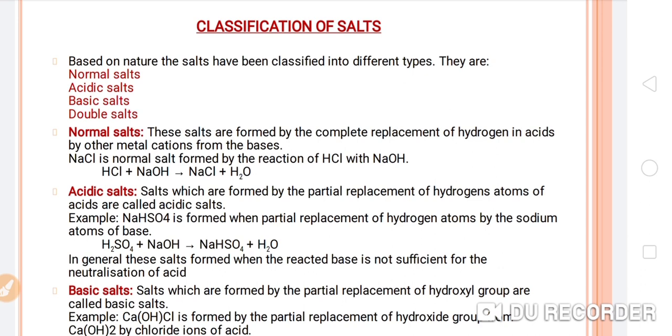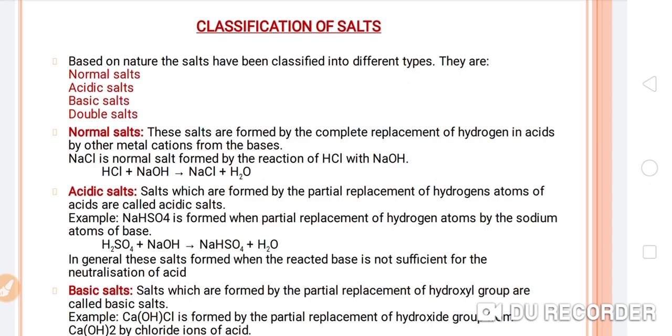These salts are formed by the complete replacement of the hydrogen in acids by metal cations from the base. For example, sodium chloride is formed by the reaction of HCl with sodium hydroxide. So this is an example of a normal salt.